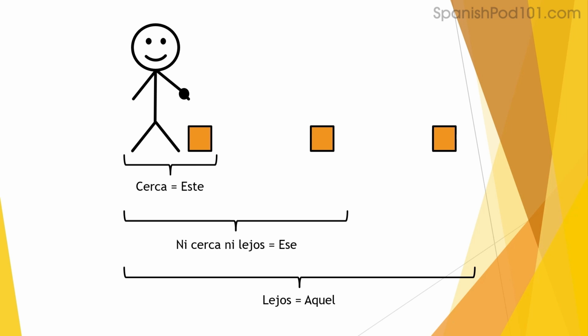If the object is somewhere in between, it's not too close and it's not too far away from you, then you're going to use ese. We have three options, while in English we have only two. I believe that the closest translation is that este is translated as this, while ese and aquel are translated usually as that, but aquel is mostly translated as that one over there, so you're saying that it's very far away.